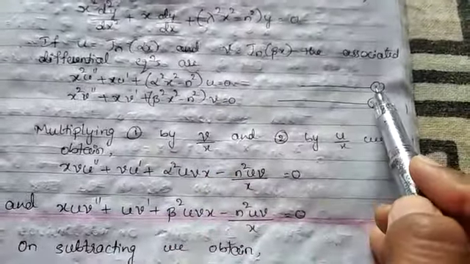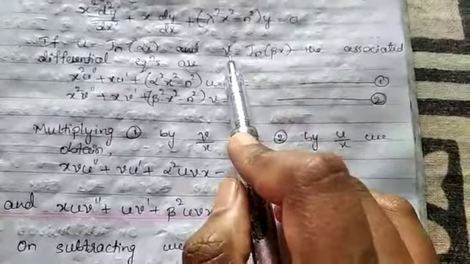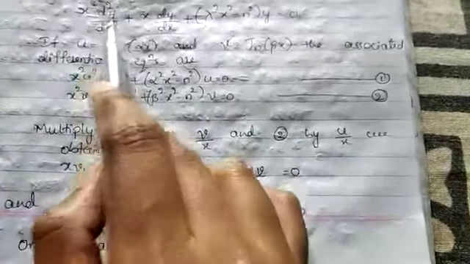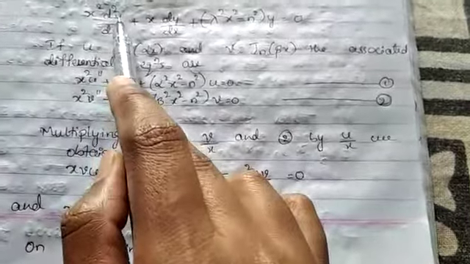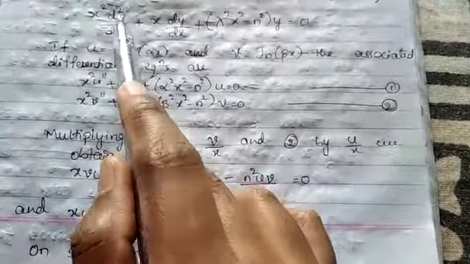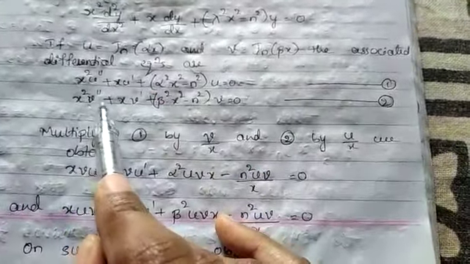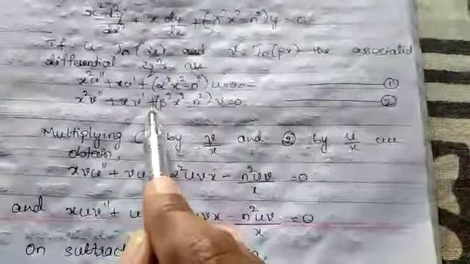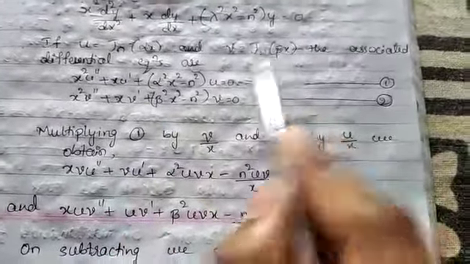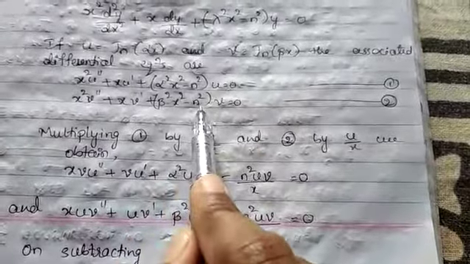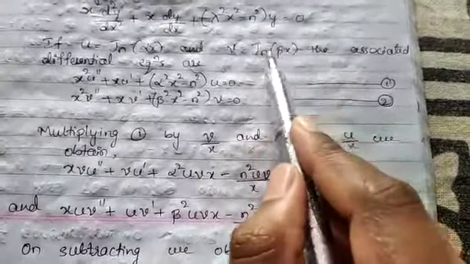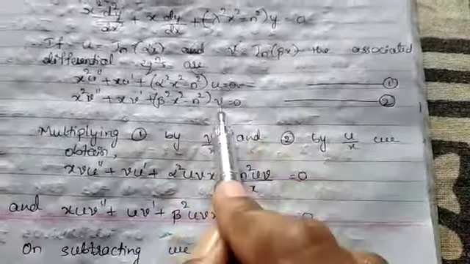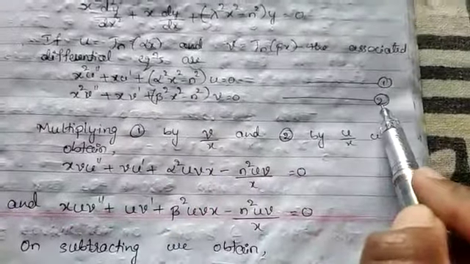Take this as equation number 1. And x square v double dash plus x v dash plus beta square x square minus n square into v equal to 0. Take this as equation number 2.